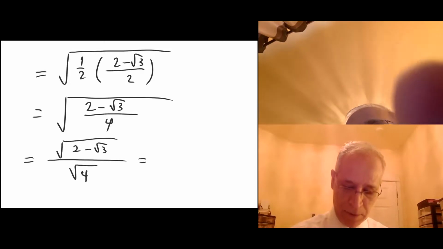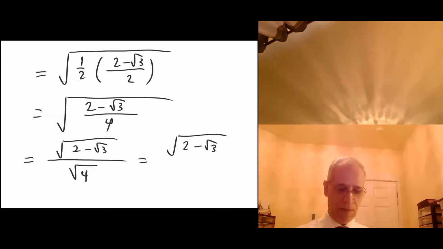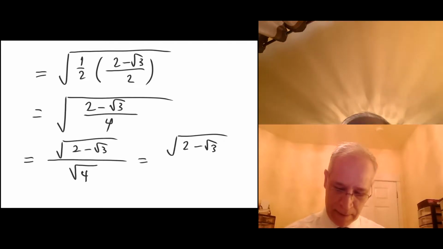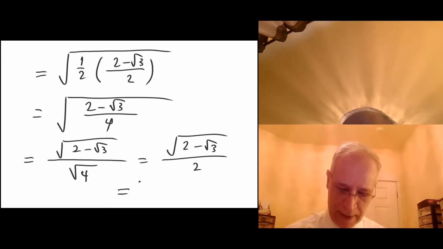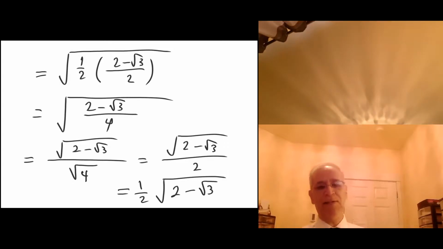So that equals square root of 2 minus root 3, over 2, which is the same as saying 1/2 of square root of 2 minus root 3. I know I have nested square roots. I have a square root inside of a square root, which is called a nested square root.